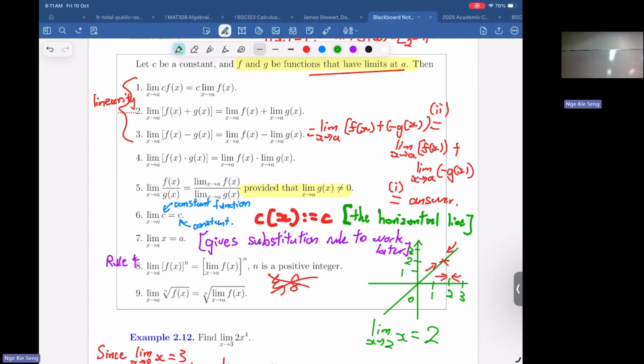In other words, you can bring the limit operation inside. And then properties 1, 2, 3 are what we call linearity. Limit is a linear transformation between the space of functions and real numbers in particular.